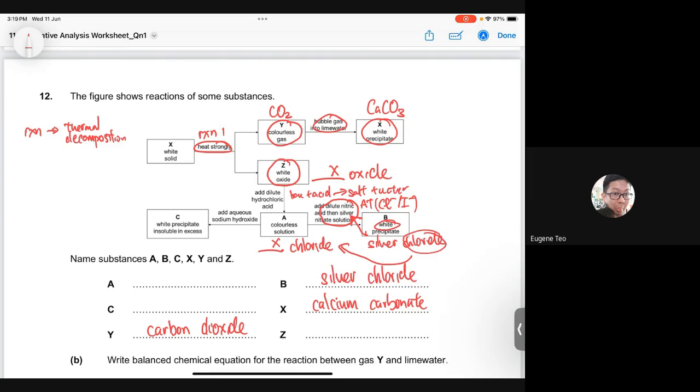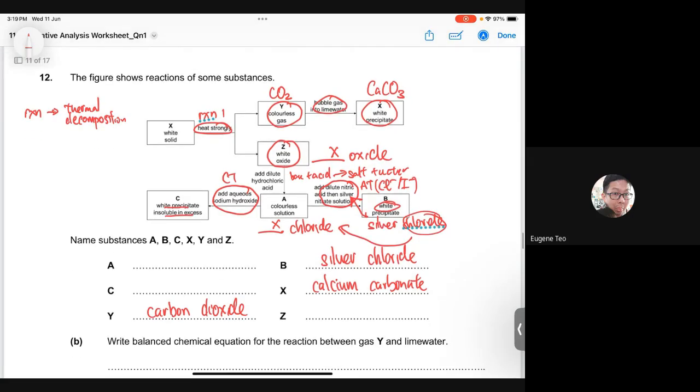Next one, let's go back to A. A, I know, is X chloride. I don't know what X is. I don't know what the cation is. But the good thing is there's a cation test here. CT, cation test. I add sodium hydroxide, white precipitate insoluble in excess. So if I get a white precipitate insoluble in excess, it tells me that C must be something hydroxide. And what's the cation that's going to be present here?